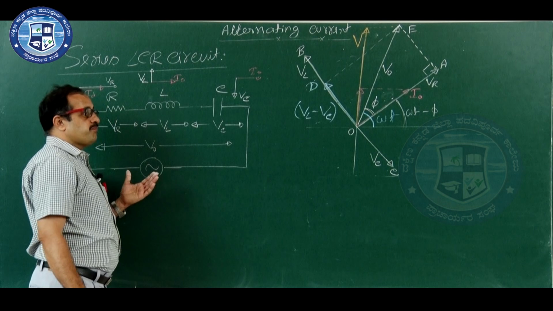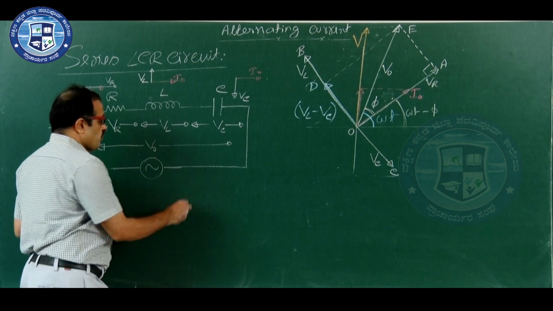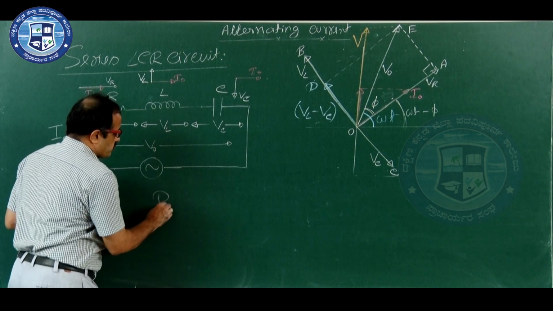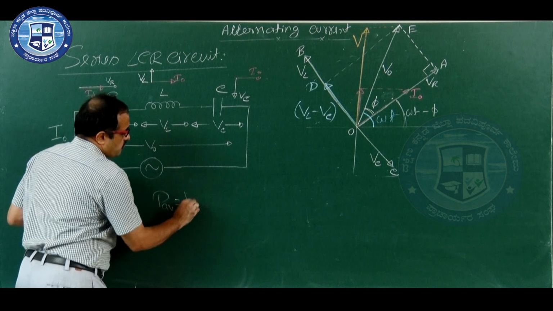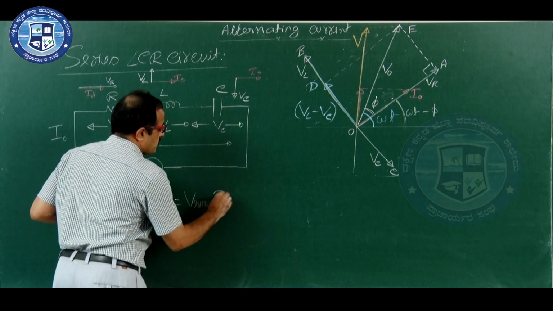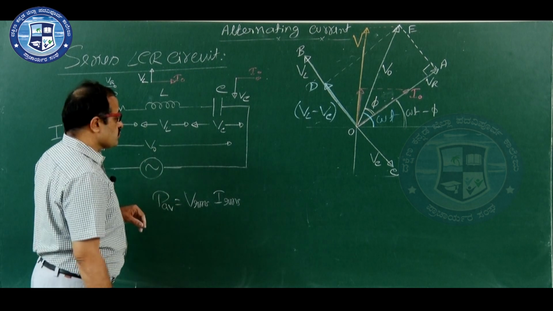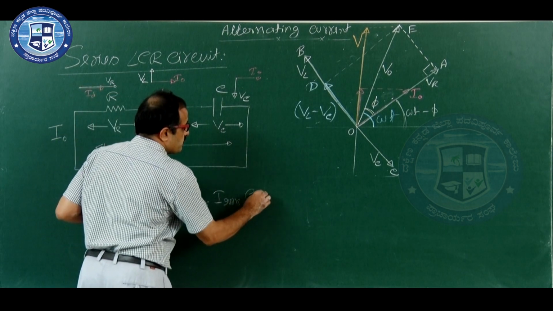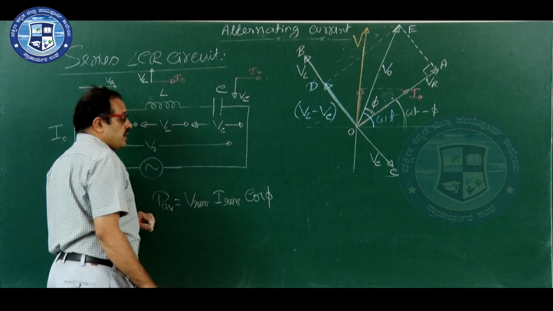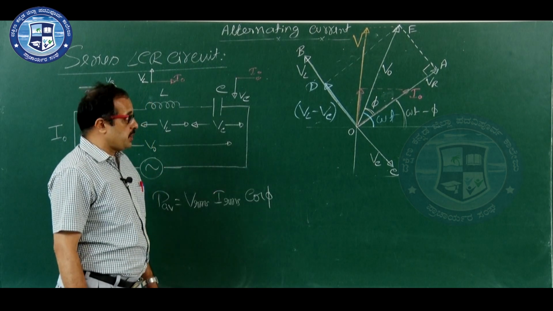Now, we know how to calculate the power factor of the circuit, because if you want to calculate average power consumption, it is V RMS, the RMS voltage across the circuit, into I RMS, the RMS current through the circuit, into cos phi, where phi is the phase difference between current and voltage.